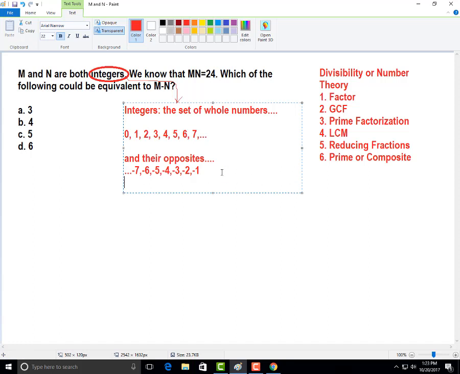The main thing about integers is that they have no pieces or parts. So we're not talking decimals. We're not talking fractions. We're talking only whole numbers. And that was the clue for me to know that this was a divisibility problem, because I'm basically asking, when I say m times n, see this, it says we know that mn equals 24.